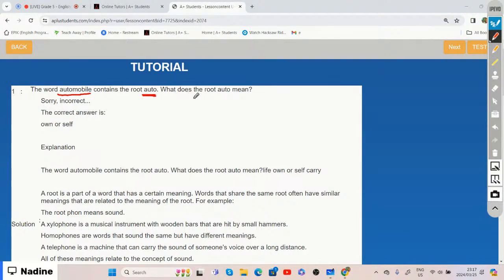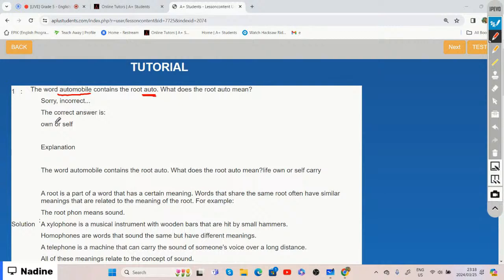They say it contains the root auto, but now they want to know, what does the root auto mean? If you hear the word automobile, what do you think the root word might really mean? We know mobile, but automobile is basically to do with, let's say, almost like a car or a vehicle.